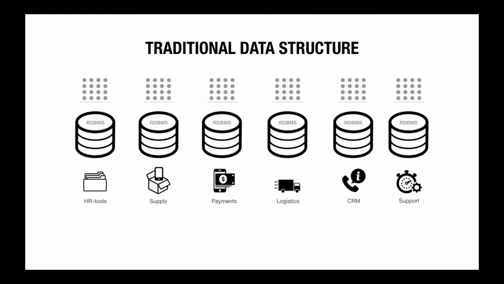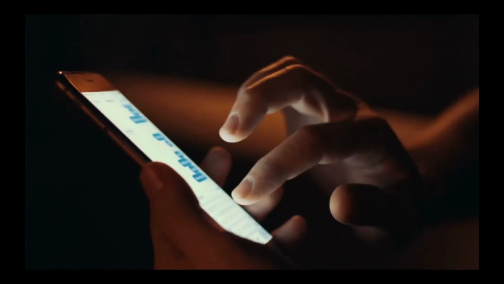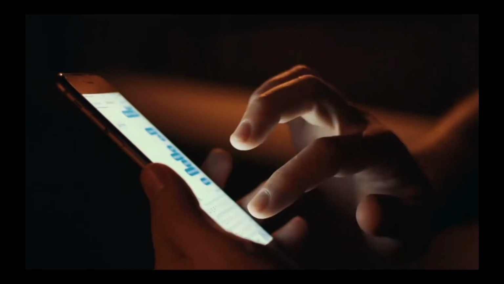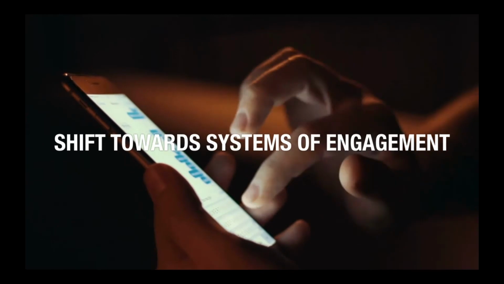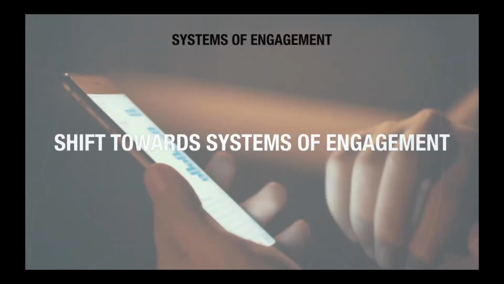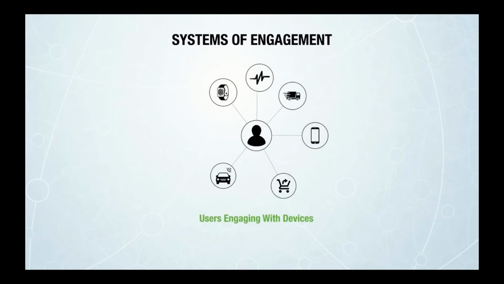Now, this traditional data structure has been used across a wide variety of different organizations within companies. So whether it be HR tools or support tools, payments, logistics, CRM, all sorts of different use cases, this traditional data structure has been used. Now, as you get to the modern world and people are doing more and more things online, we're shifting towards these systems of engagement where we want to understand how all of these different data sources interlink.